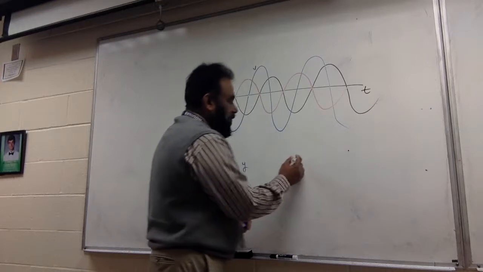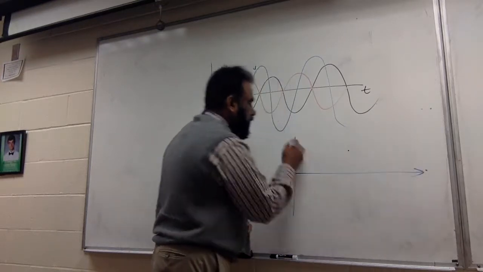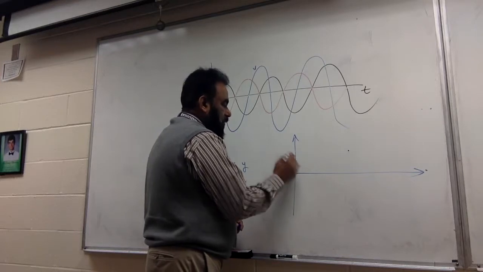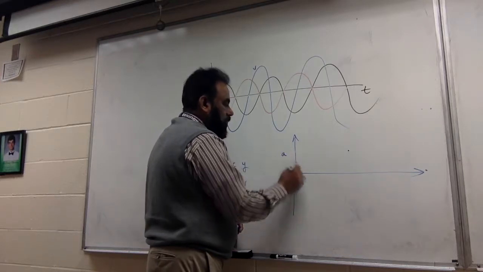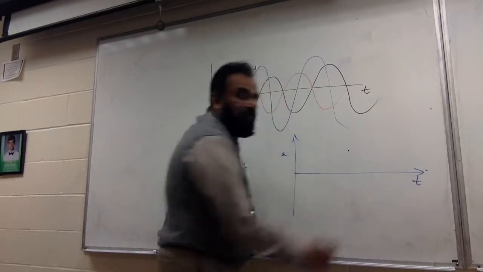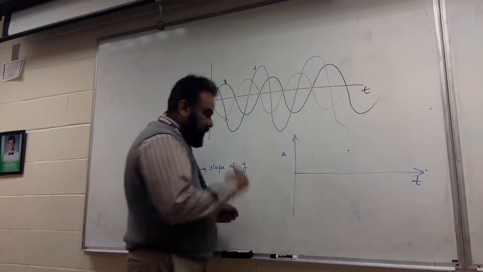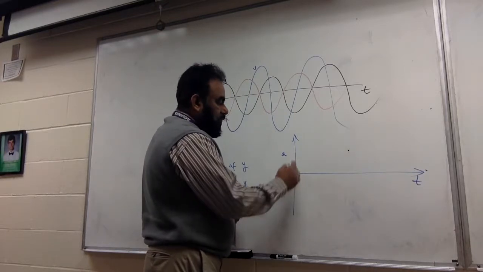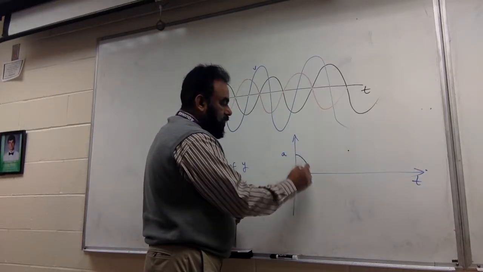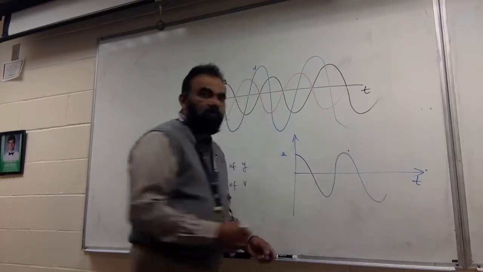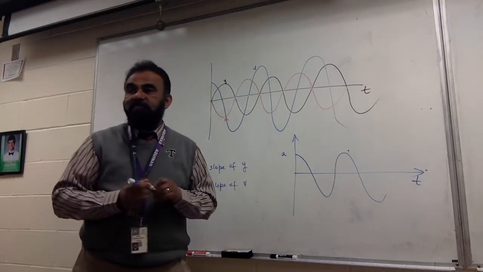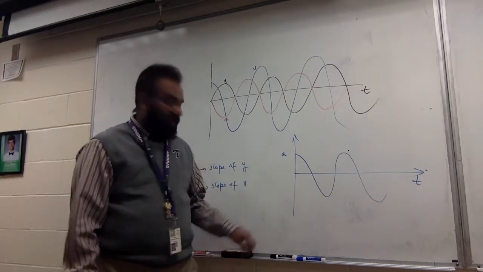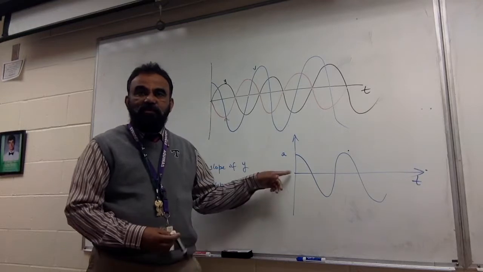Let's say, for example, I'm giving you the acceleration versus time graph. If this is the acceleration versus time graph, on the same scale, how is it going to be the velocity graph? How do you plot the velocity graph right here?